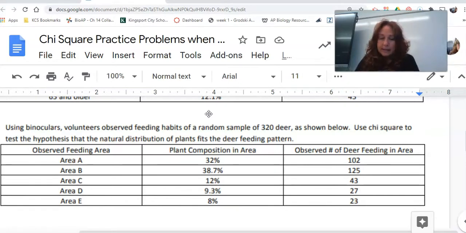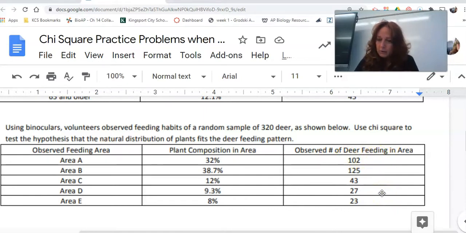So my categories are going to be the areas. So I'm going to go ahead and get this written down. So I have feeding area A, B, C, D, E. And then you do not put this directly in your table. The percents, you have to do the extra work to get your expected values from those, but you do put the observed value directly in your table.